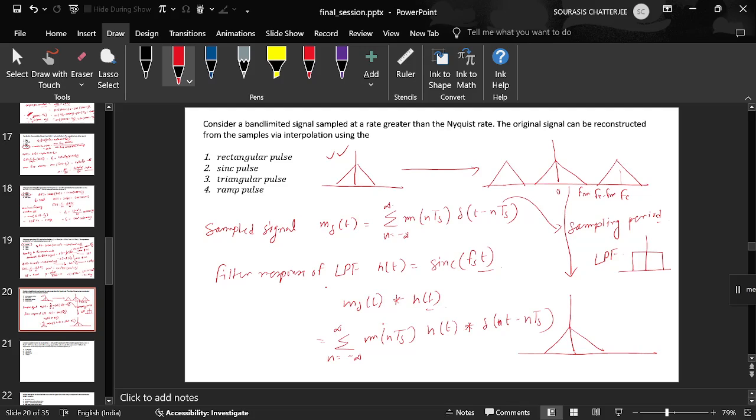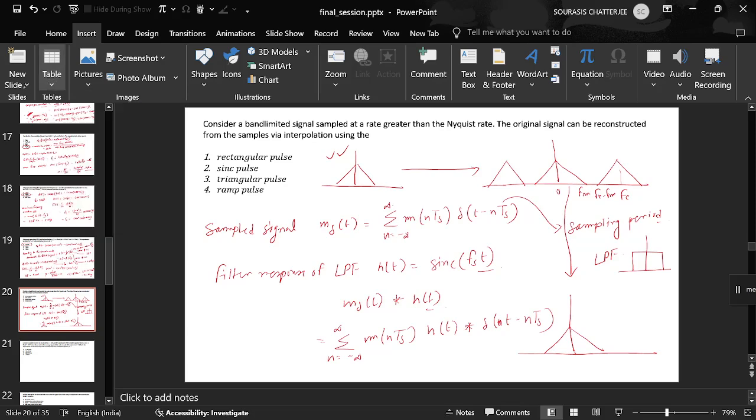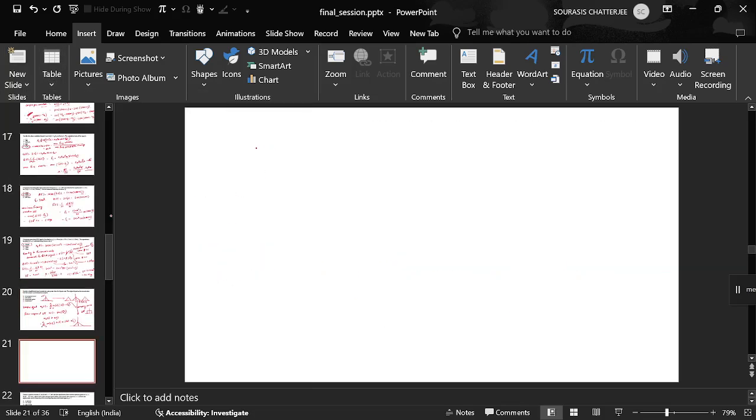This one is a scalar, so it doesn't have any impact in the convolution operation. So we are going to obtain the summation over n equal to minus infinity to infinity of m(nTs) h(t minus nTs).